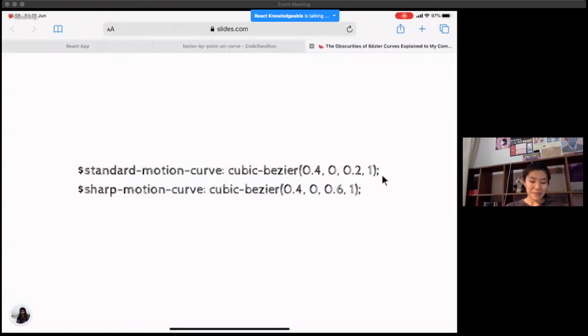So what this is doing in CSS was that it defined some kind of curve for the animation that is supposedly not the default one, and sometimes the designer would like some customized easing function, and that's when we use the Bézier curve.